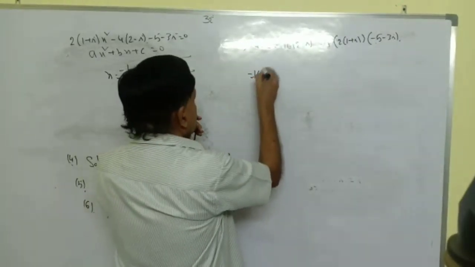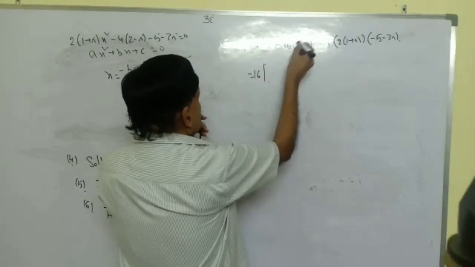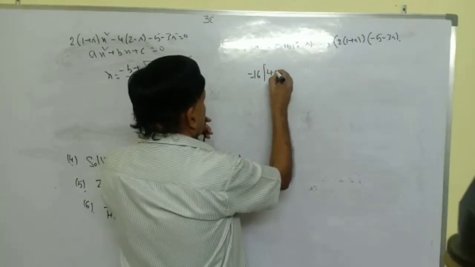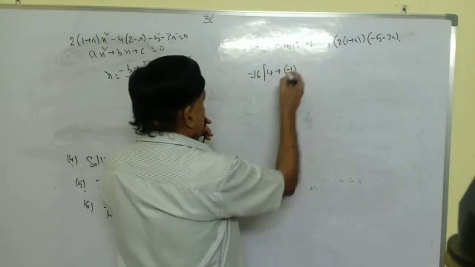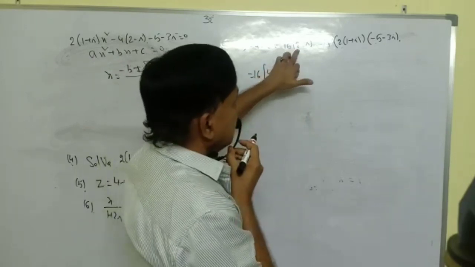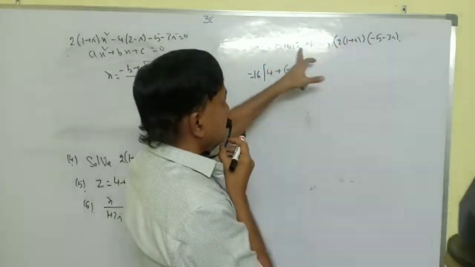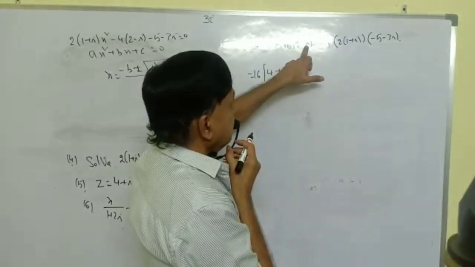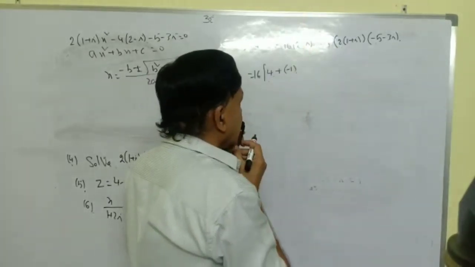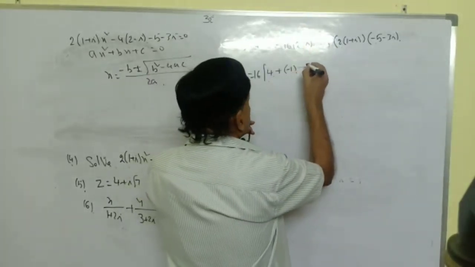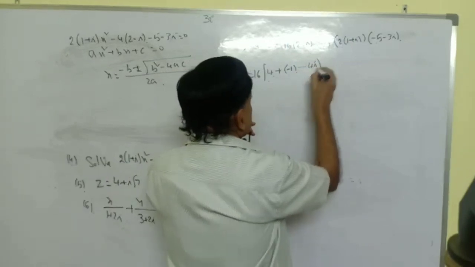This is 16 into a square plus b square minus 2ab. So a square is 4, b square is minus i whole square, minus 1, minus 2ab means minus 4.